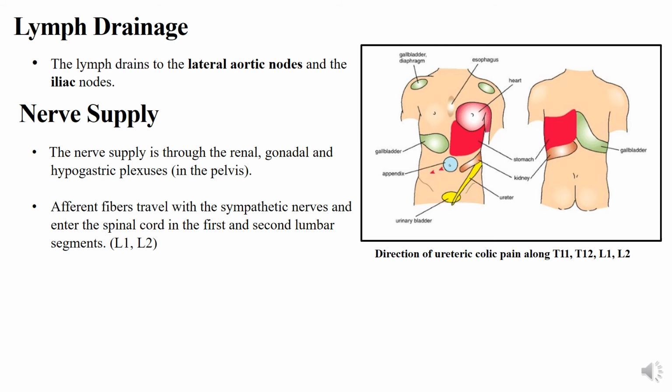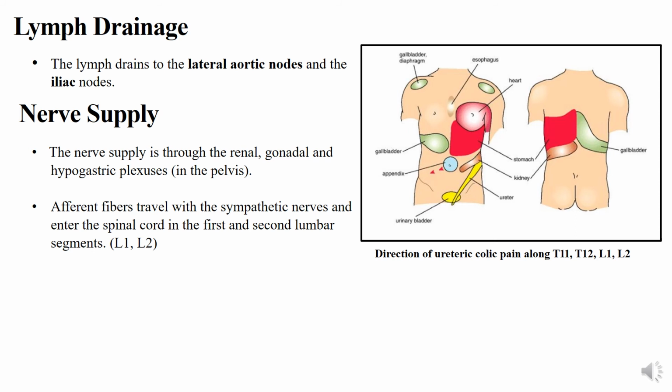When it comes to the nerve supply, the ureters are supplied through the renal, gonadal, and hypogastric plexuses. And the visceral afferent fibers, which are conveying the pain sensation, travel with the sympathetic nerves.